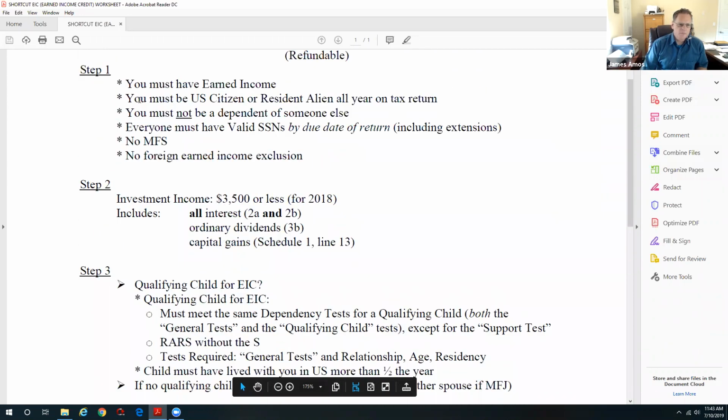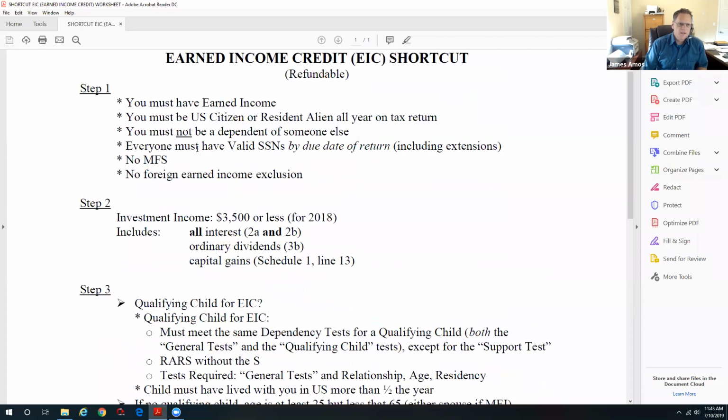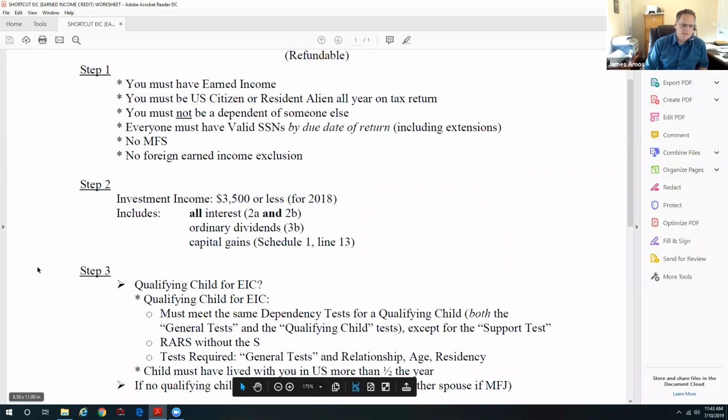You're going to mostly get tested on steps 1 through 3, but you got to keep straight the test. Here's the problem with this. This is very intensive. You got to get all of those right. So this is the part that you ought to memorize, steps 1 through 3. If you get those memorized, that's really mostly what you need to know to make sure you can pass EIC questions and get it right in real life as well.